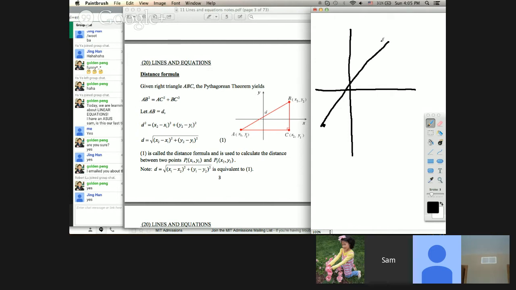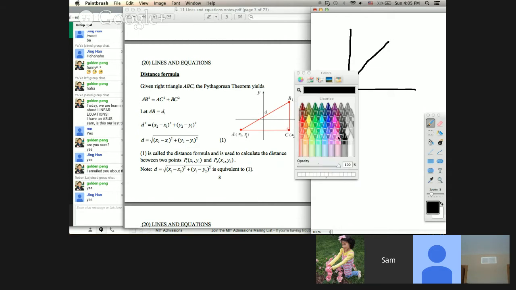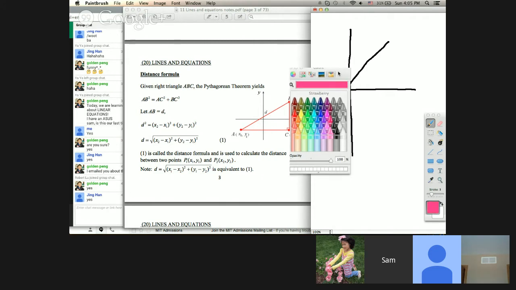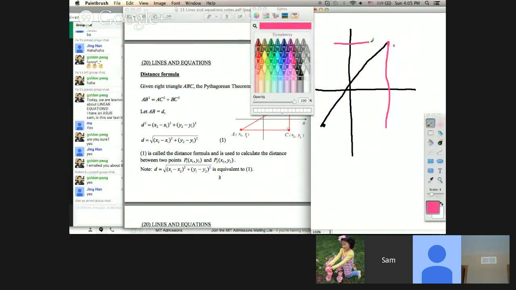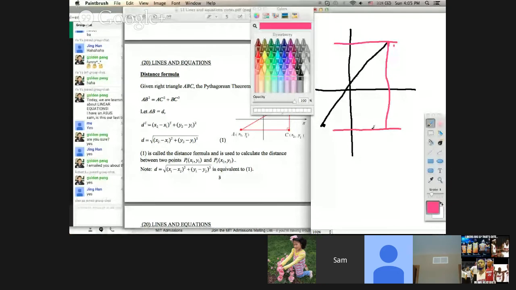Okay. So you know this right here, the x. You know this point right here because it's just this distance here. And this distance right here is basically just this y minus this y.